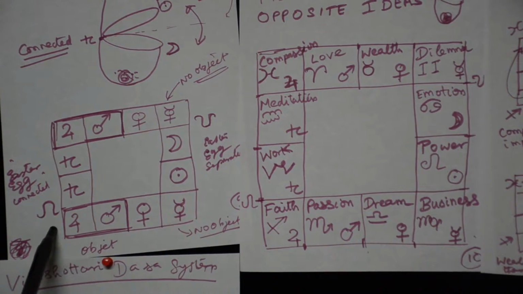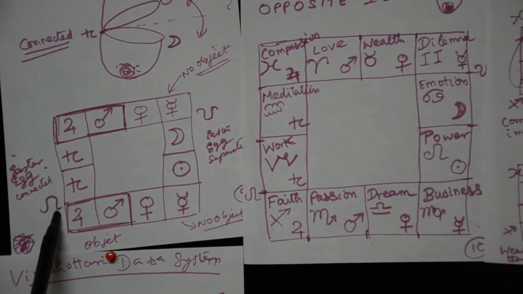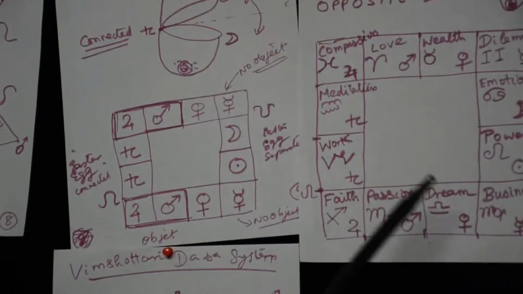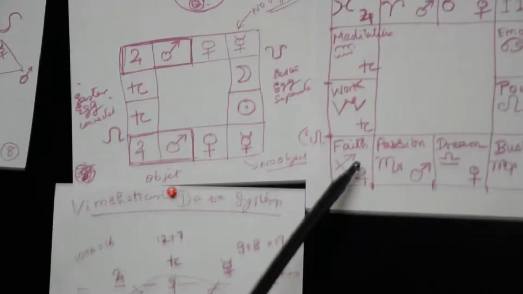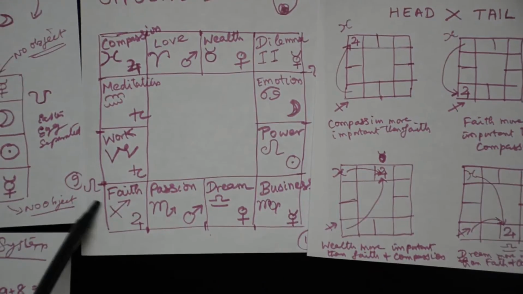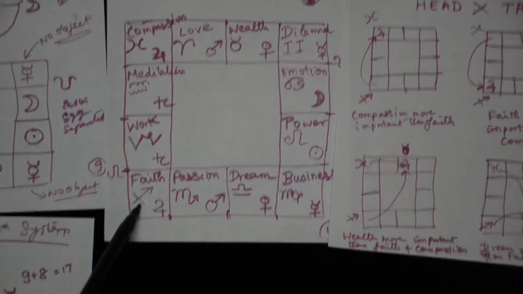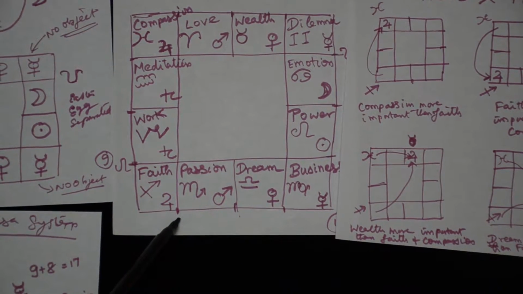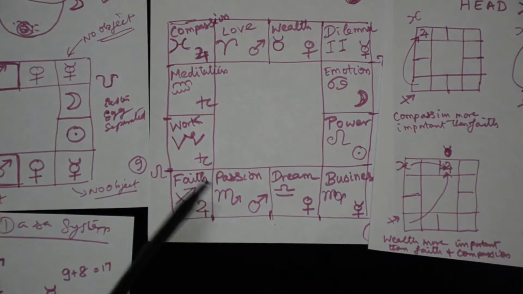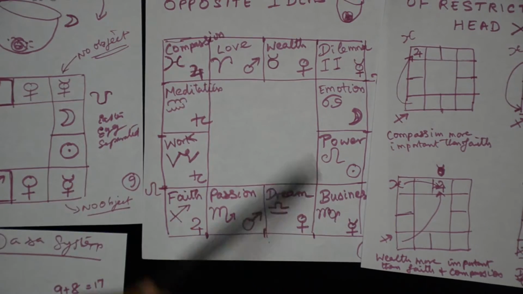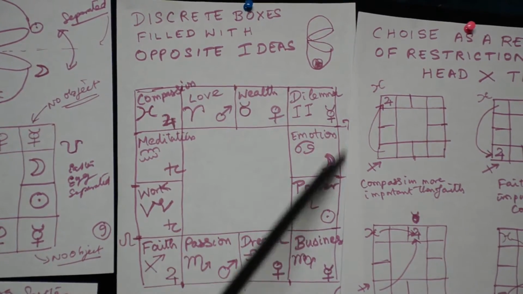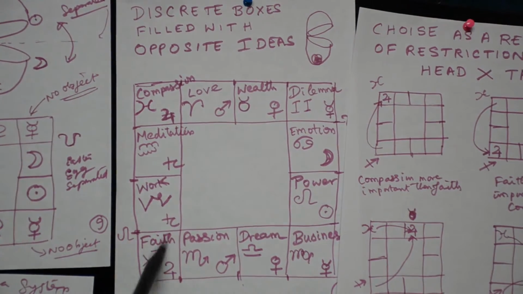You have 12 boxes, which means you can put 12 different ideas in these boxes, and the way ideas are filled is like pairs of opposites. It's always an opposite idea put on boxes that are exactly opposite each other. So each of these is a discrete box filled with an opposing idea.